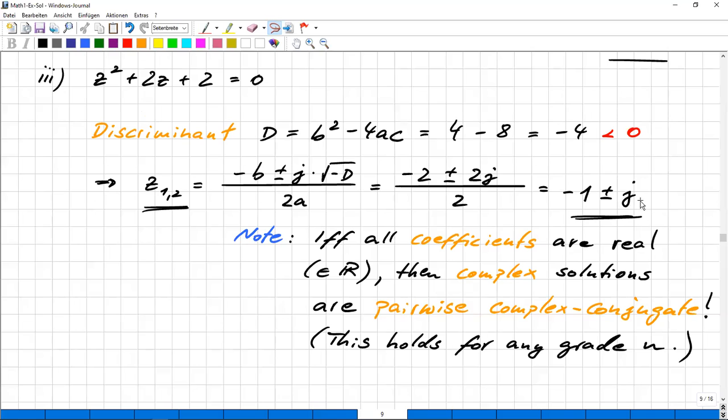This is not by chance. You know where it comes from. It comes from the solution formula. And actually, this takes place every time you solve a polynomial equation that contains exclusively real coefficients. That's a very important feature.